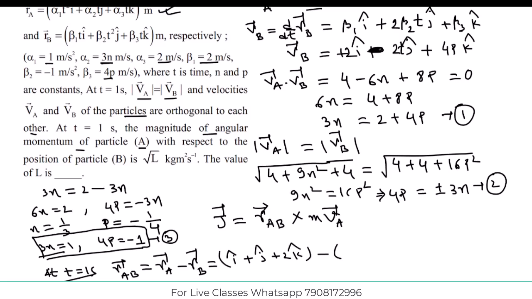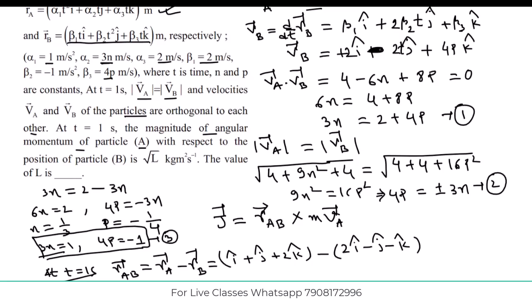Now r_B is beta 1 t i cap, beta 1 is given as 2, so 2 i cap, and t is 1. Beta 2 is 1, that is minus j cap, plus beta 3 t k cap, and beta 3 is 4p, which is minus 1, so minus k cap.